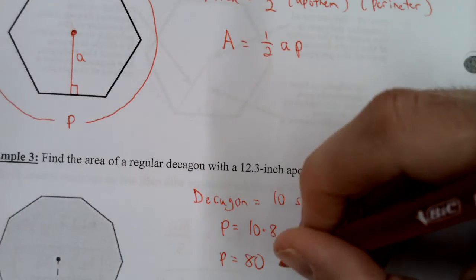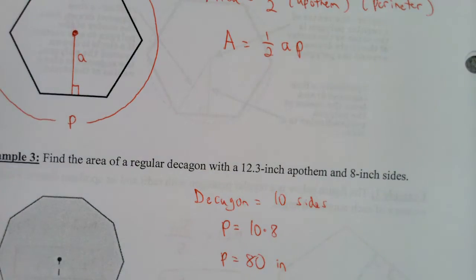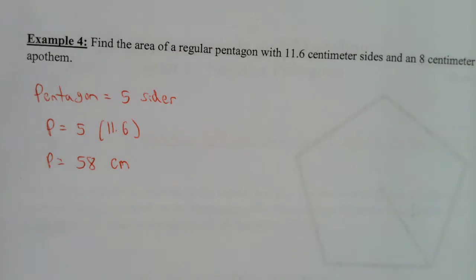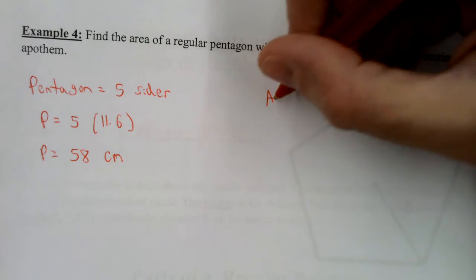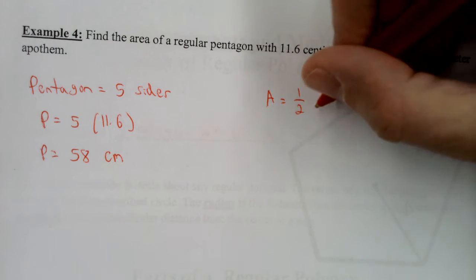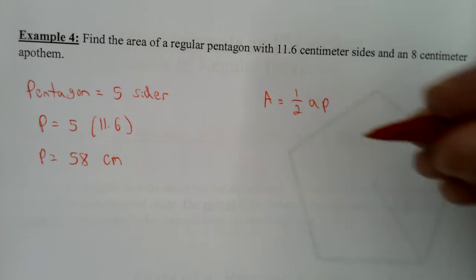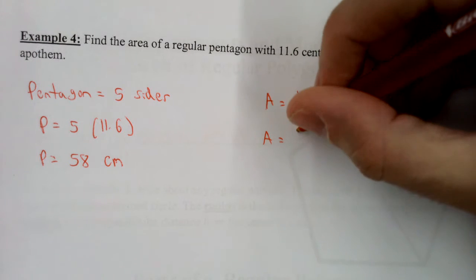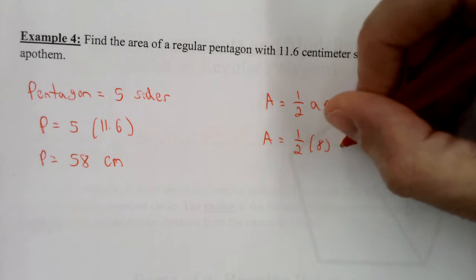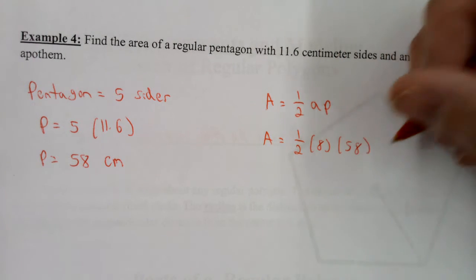Let's label this with centimeters. Now to get the area equals 1/2 times apothem times perimeter. The apothem, it tells you in the directions, is 8. And we just established that the perimeter is 58.